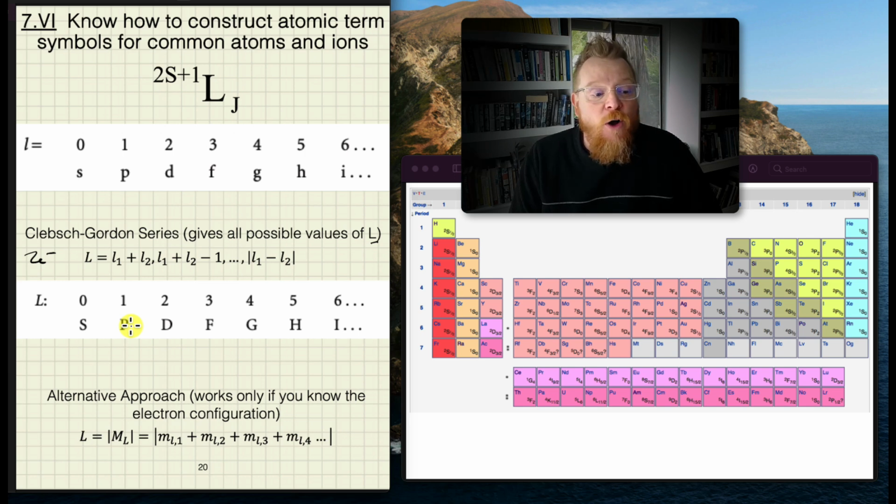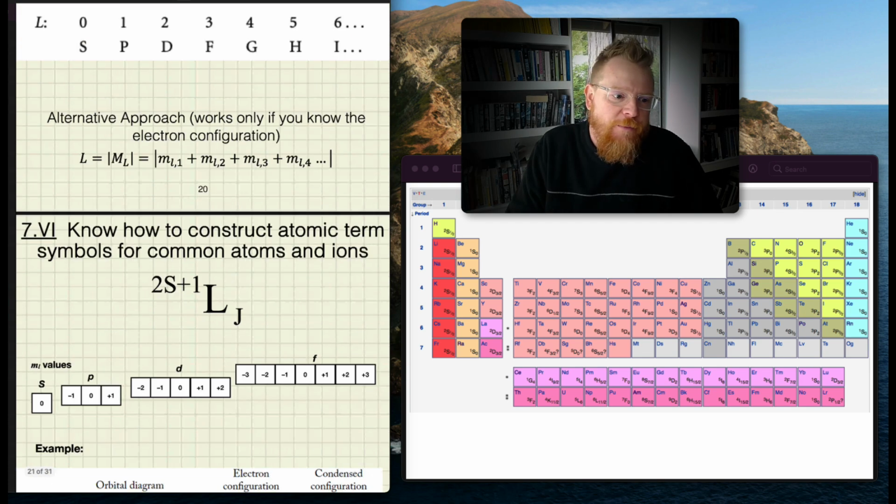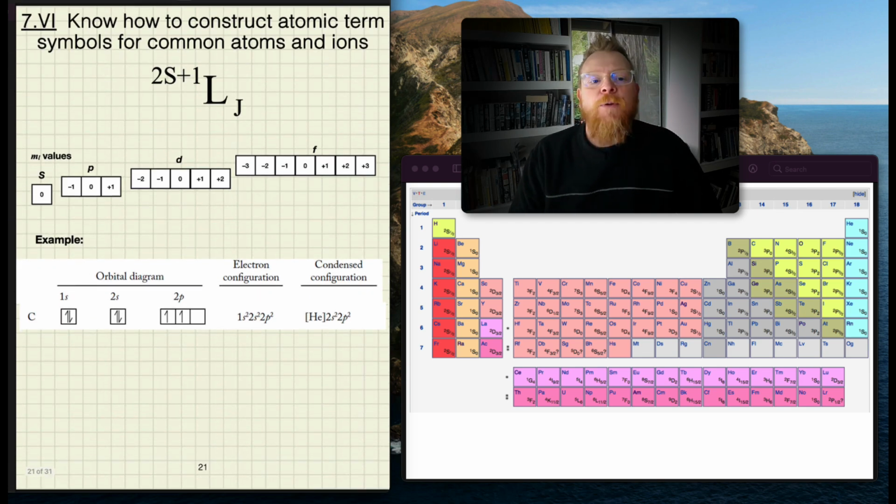There's an alternative approach, however, if we already know the electron configuration. It is given by summing up all of the individual ML values, which requires us to relearn the periodic table somewhat, depending on how we might have learned it before. The ML values can be mapped out on the periodic table in the following way.